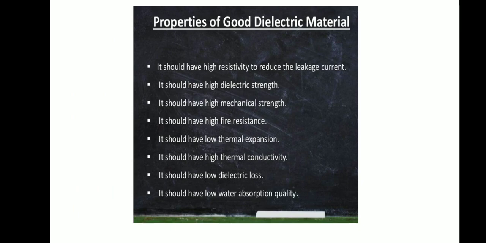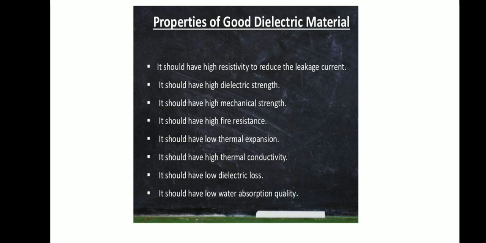Now these are some properties of the dielectric material. First property, it should have high resistivity to reduce the leakage current. Second, it should have high dielectric strength. Third, high mechanical strength. Fourth, high fire resistance.